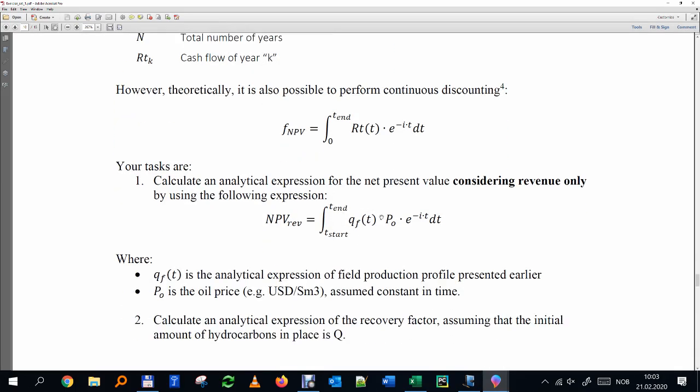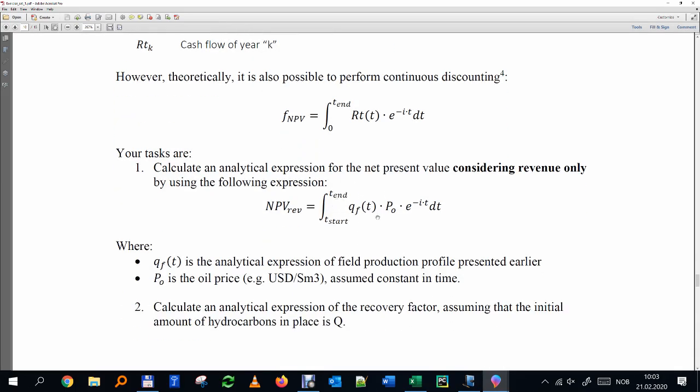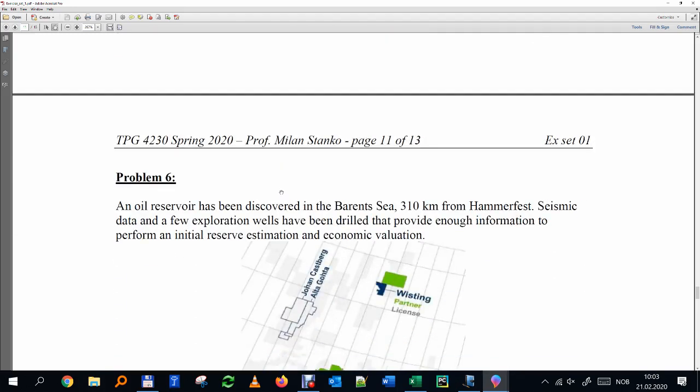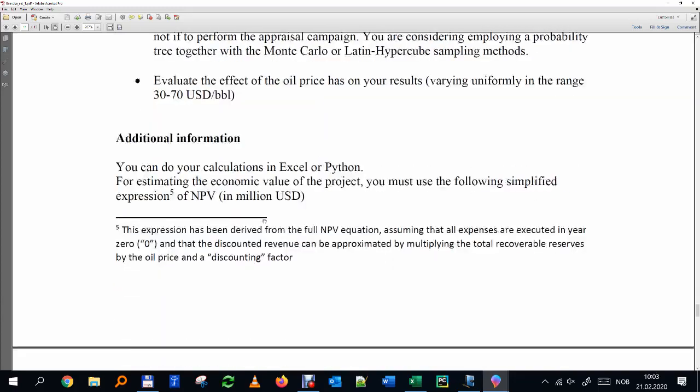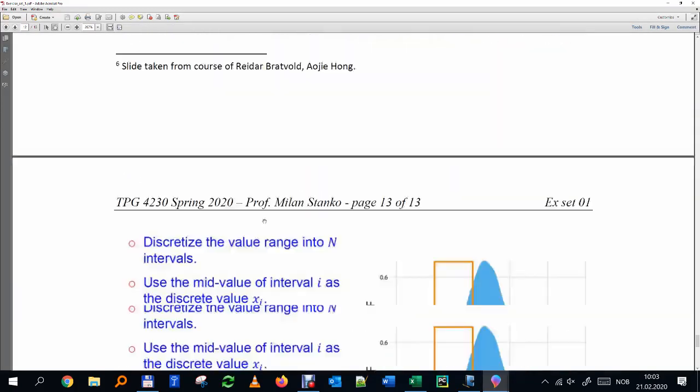That's the task: you have to calculate that analytical expression of NPV. You have an expression that you can use to study what happens if you increase the plateau rate, if you decrease the plateau rate, what happens if you change the interest rate, and what happens if you change the price of the oil. And I think the last problem, you don't have the tools to solve it yet.